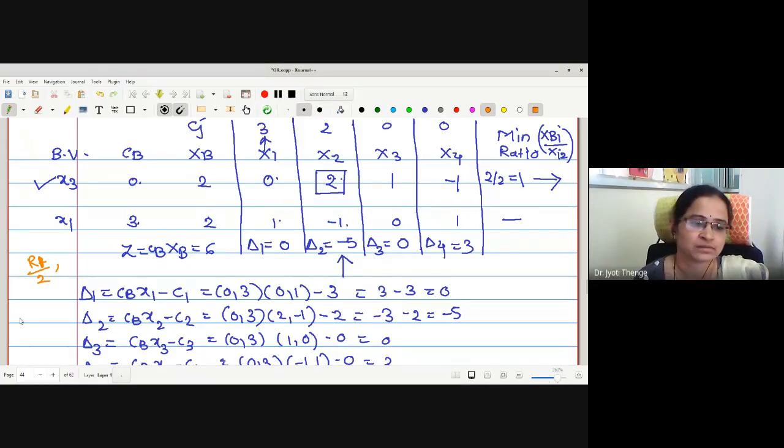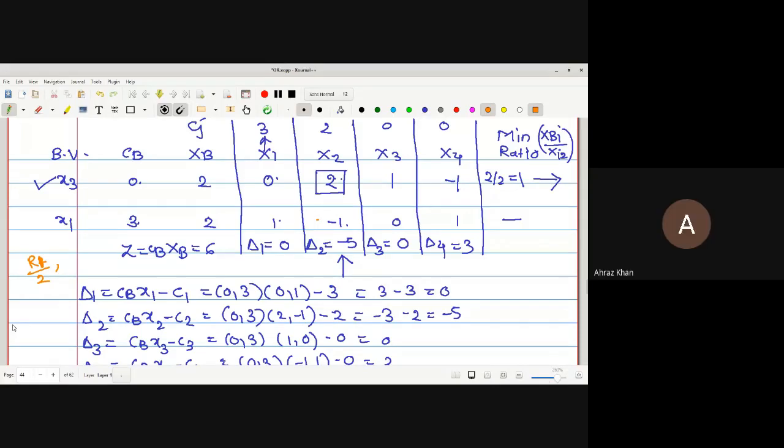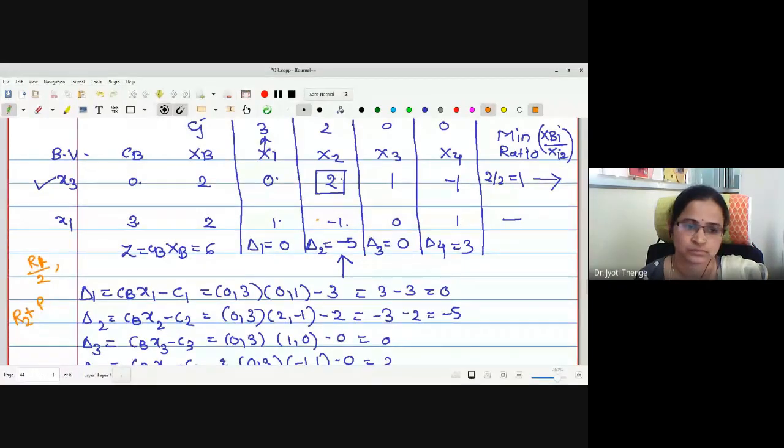What for second? To convert this minus 1 to 0? R2 plus R1. This is R2 plus R1 by 2. Yes. For these two row operations we will perform.